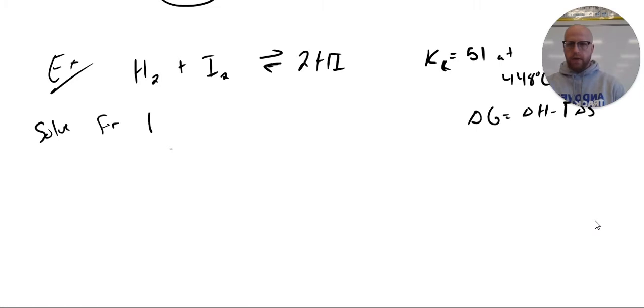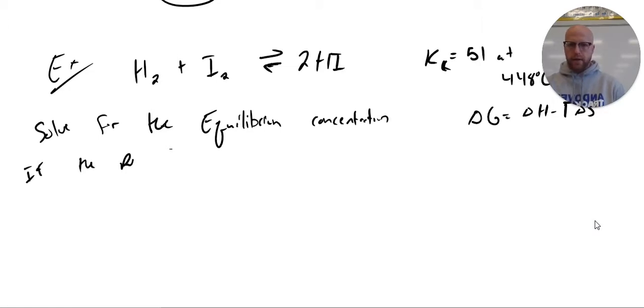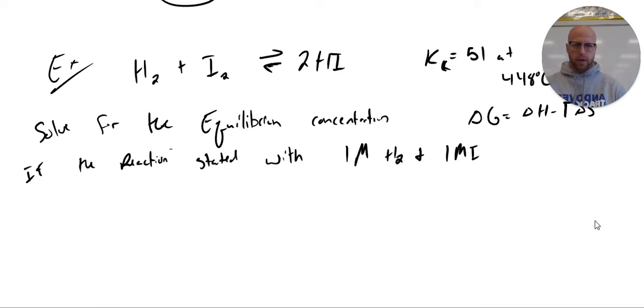Solve for the equilibrium concentrations if the reaction started with 1 molar, because we want concentrations, 1 molar H2 and 1 molar I2.